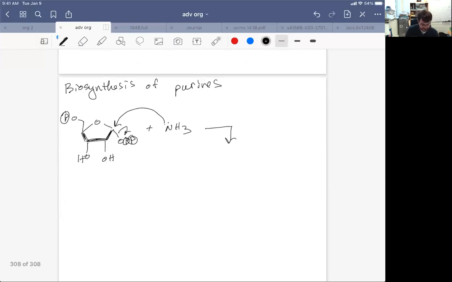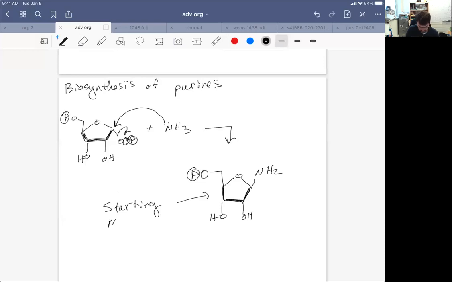But I want to just get to the punchline here as we get started, which is we're going to take this species as our starting material. And this is a ribosylamine.